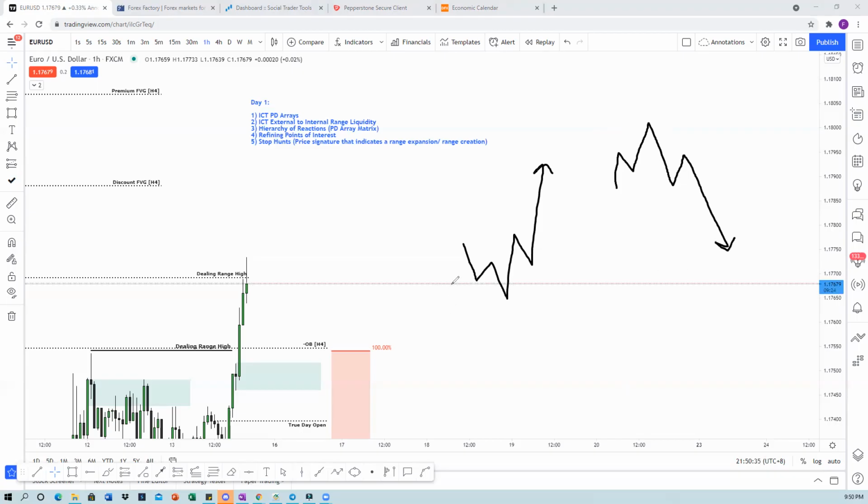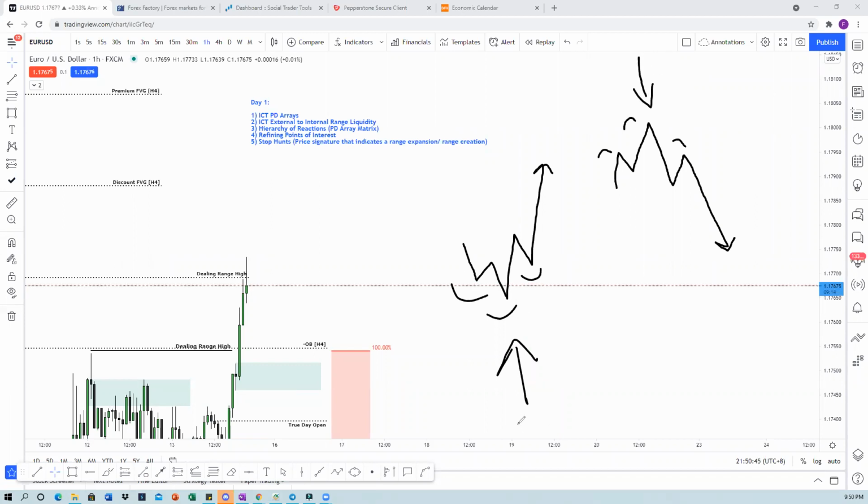So it is a 1, 2, 3, 1, 2, 3. So what does this mean? What does every bullish swing point mean? What does every bearish swing point mean?